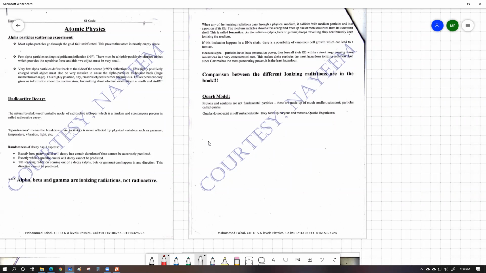Full stop. In square brackets, write: there is no such thing as anti-baryon number.